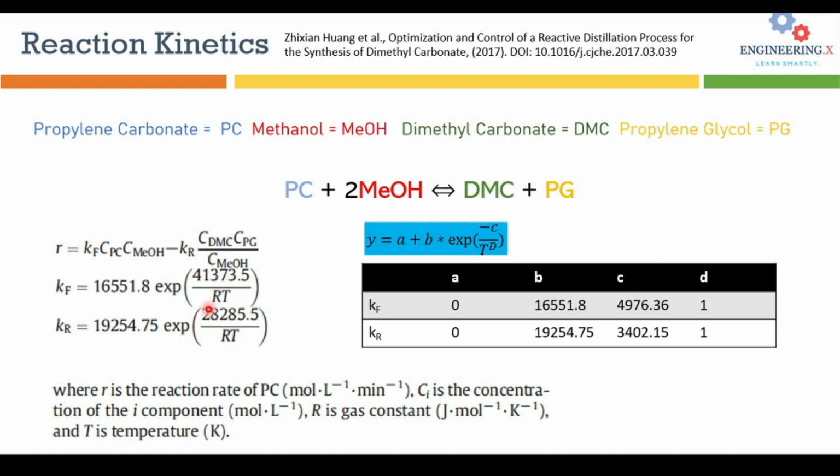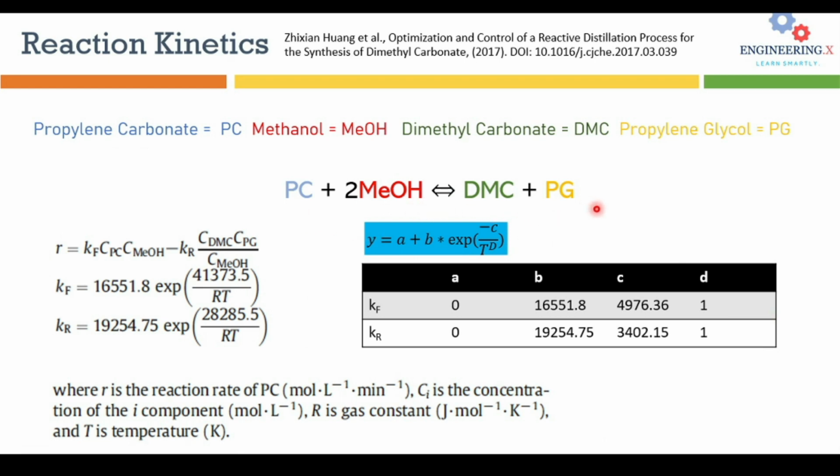So I just have to divide this number by the gas constant value, that is 8.314 joule per mole per Kelvin, and then you will have the coefficient C value, and the coefficient D is the temperature exponent, that is 1 in both cases. Okay, so we have this reaction kinetics for today's reaction.